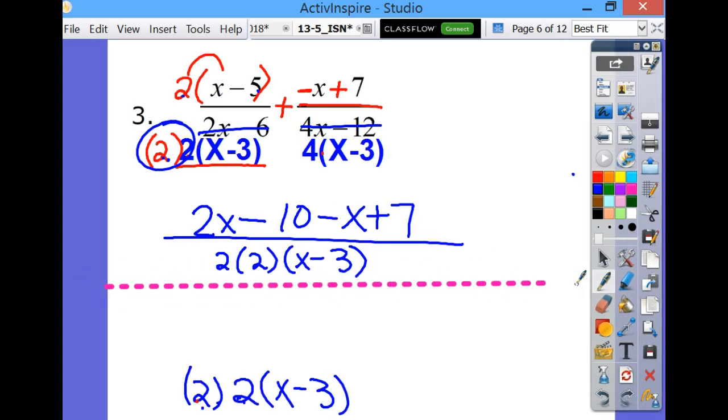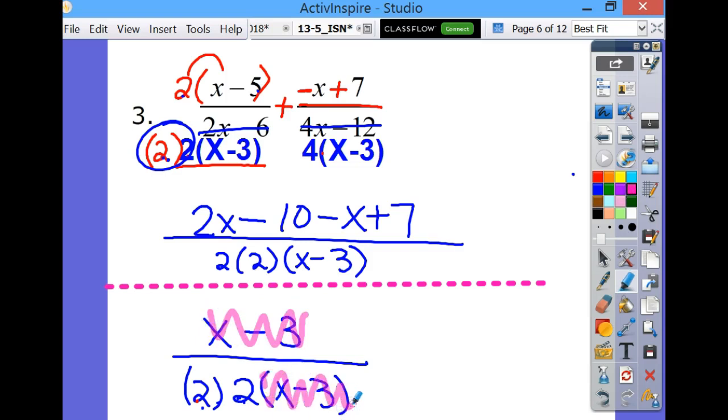Combine like terms. What do we get when we combine like terms? And what happens with my x minus 3's? This one cancels this one.